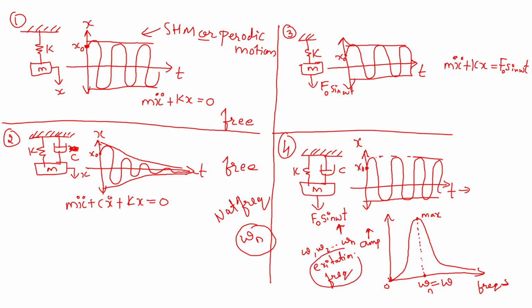At that point we can see resonance. The best example is the tuning fork experiment. In that experiment, when the natural frequency of the system is excited, you can hear a sound.